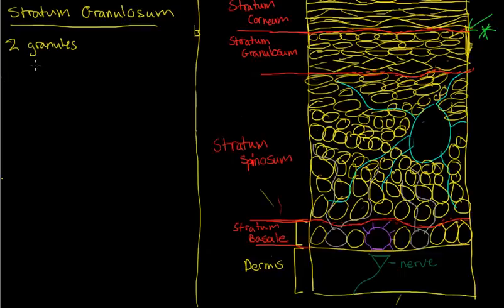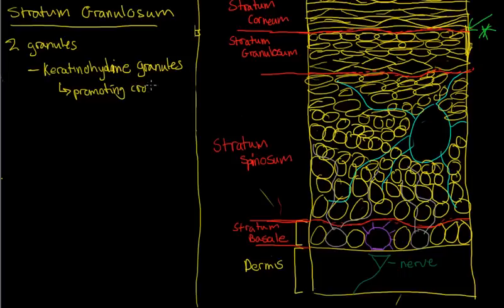The 2 granules secreted are going to be, first, keratinohyaline granules, hyaline granules. And these are responsible for promoting cross-linking of keratin, which is going to help make your skin tough again.